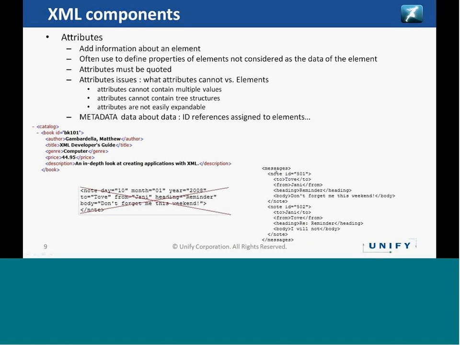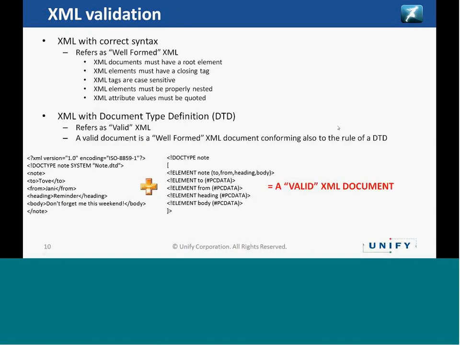You had better use this to structure your XML, using a node ID and then an ID reference assigned to elements. Basically, you're using metadata. Metadata is a very ambiguous term; people refer to it as data about data. So you have to be careful when you're using attributes, simply because there are some limitations when you're using them.